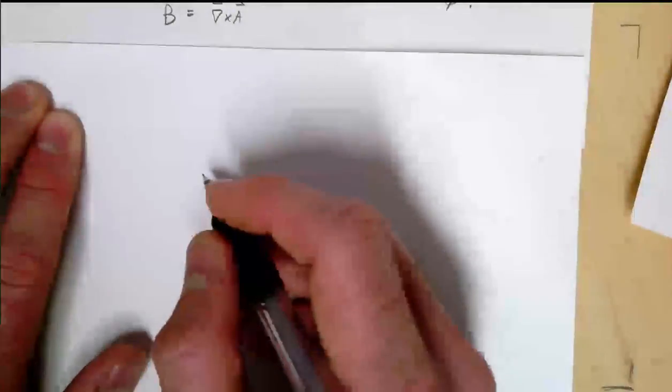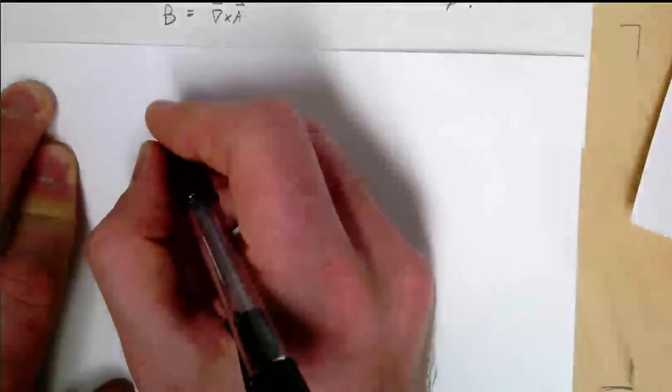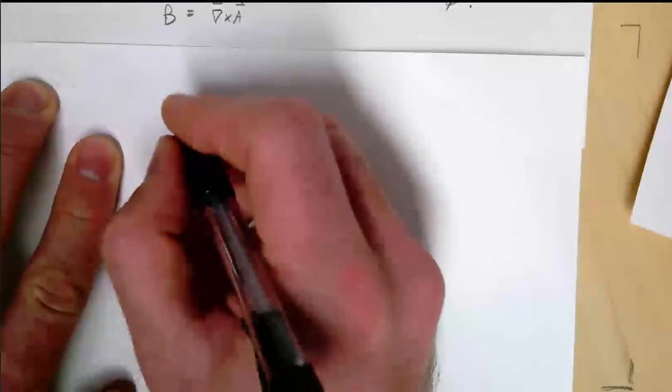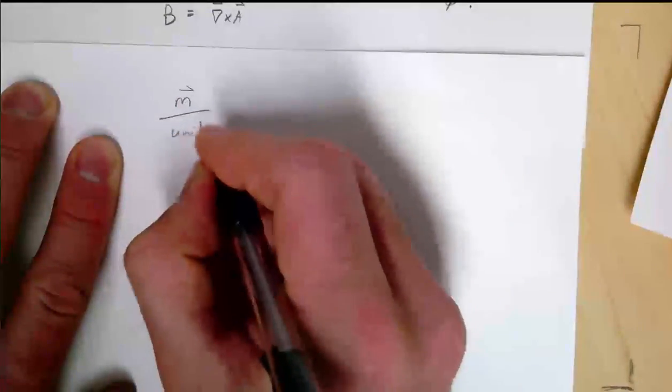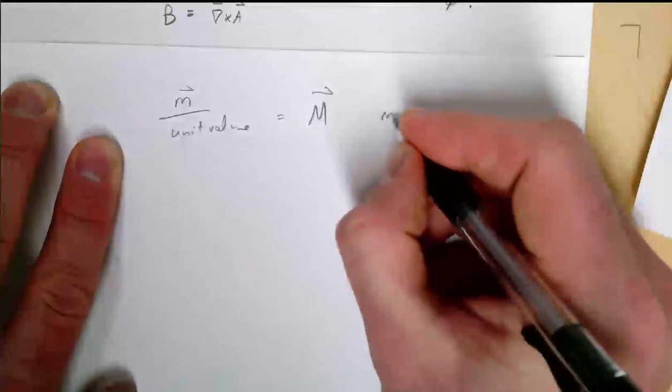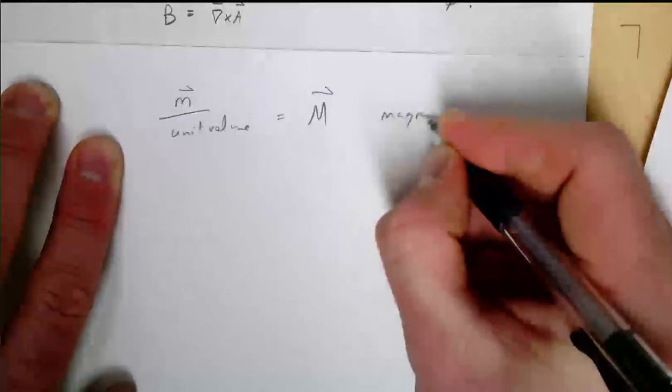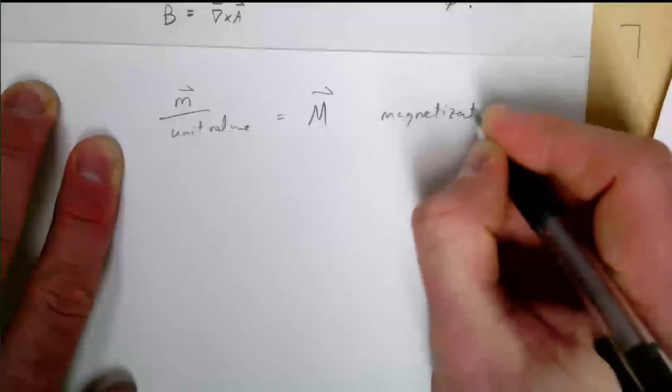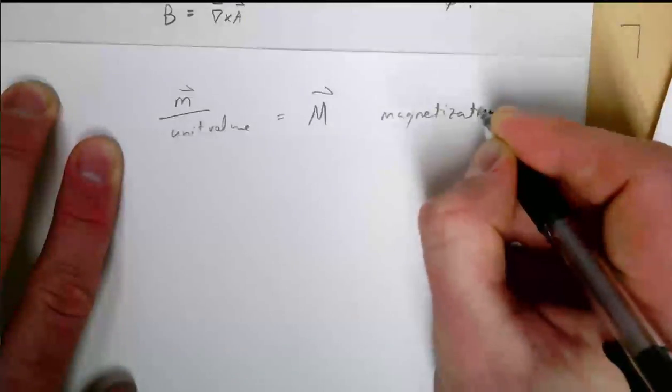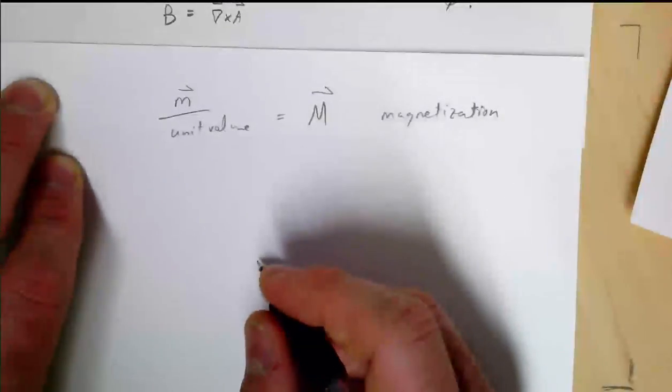If I had a bunch of magnetic dipole moments, I could talk about the m per unit volume, and I could call this a capital M, which we call the magnetization. That M is going to come up a lot when we talk about magnetic fields in materials.